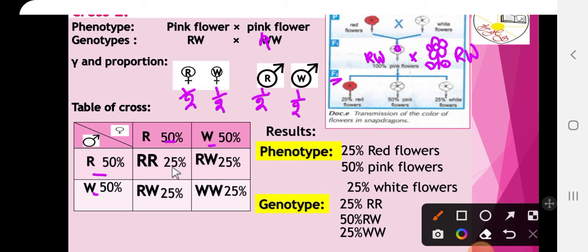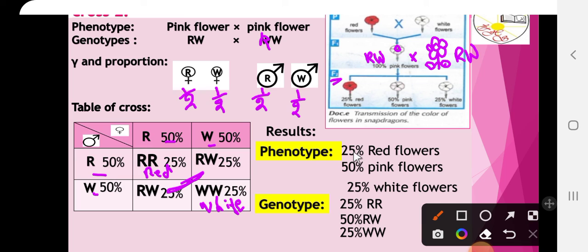So this is red, these are pink, and this is white, and the results are indicated. So 25% white, 25% red, and RW pink 25% and 25%, making 50%.